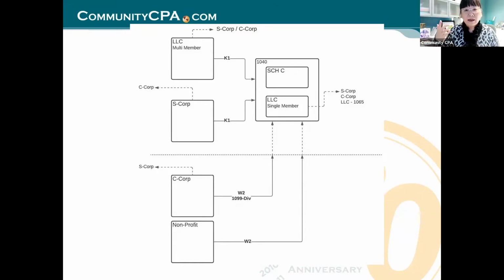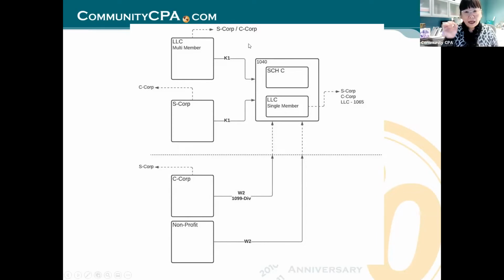So think of that. If you have too many businesses or individuals working for you as subcontractors, if they are any of these entities, let's say S Corp, C Corp, or an LLC, you need to issue 1099. Unless they are an LLC but elected to be taxed as a C Corp or S Corp, like right here.